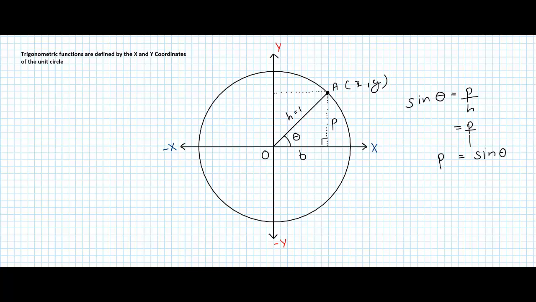So the y coordinate of this point has to be sine theta. Right? Let me write that down. We have the y coordinate of this point A as sine theta.